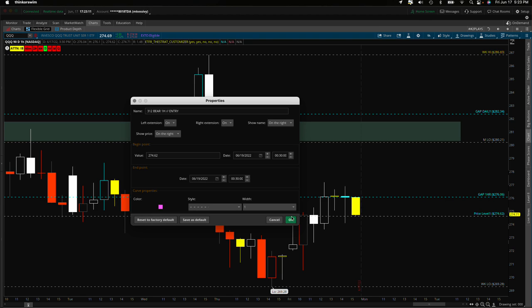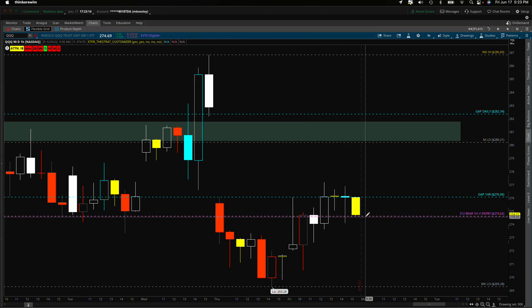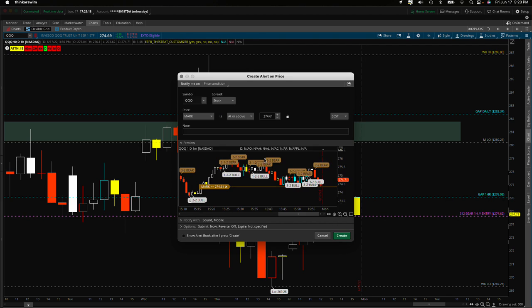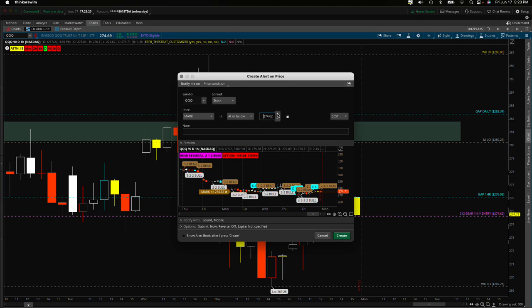The market is pink, and we'll set an alert, create alert. So we want to know when price is about 312 bear 1 hour at 274.62.